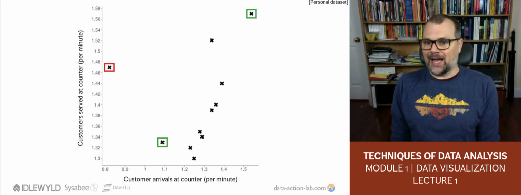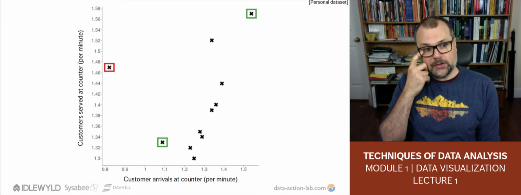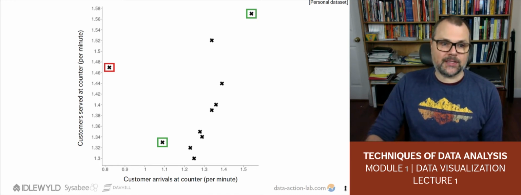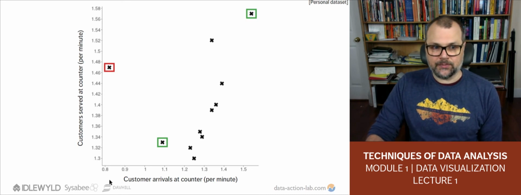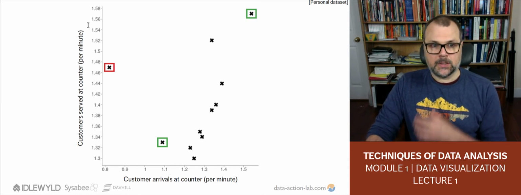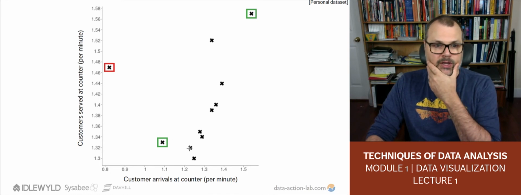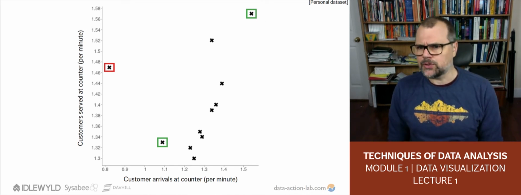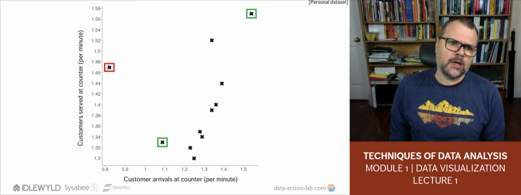What can you get out of this? This is a chart which measures the arrival rates at various counters. The arrival rate is given horizontally and the service rate vertically. We have 1, 2, 3, 4, 5, 6, 7, 8, 9, 10, 11 counters in total.